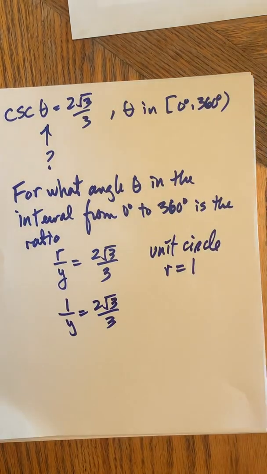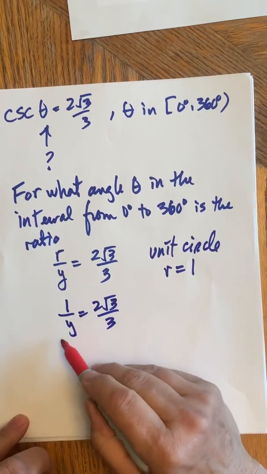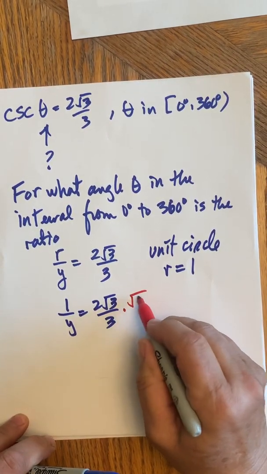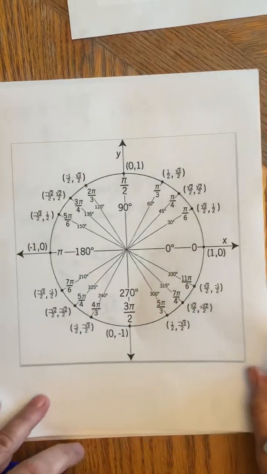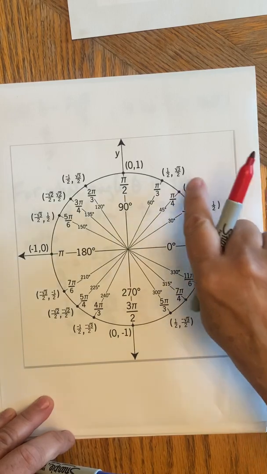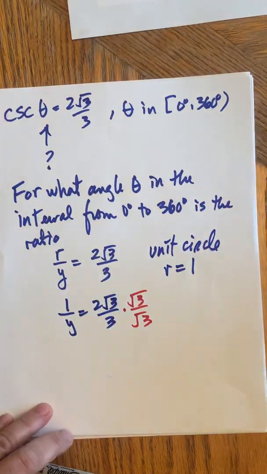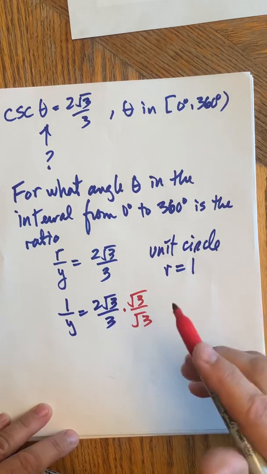Now I want to make this a little bit more recognizable, because I'm looking for the y coordinate that has this kind of relationship, but I don't really recognize this yet. It was probably rationalized, so it was probably something that had the square root 3, one of these angles here. But I still don't recognize it because I know the unit circle had the square root 3 over 2. So let me change out the rationalization.